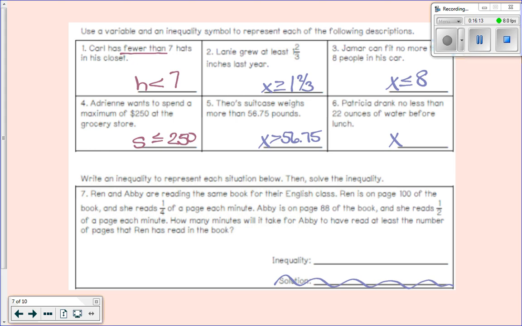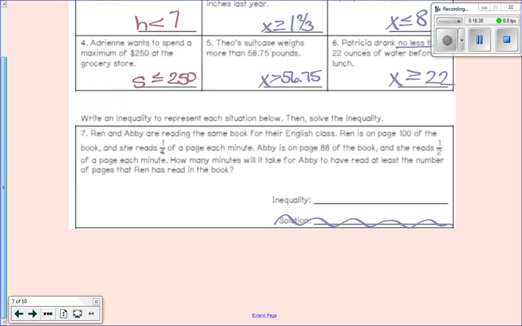Eddie. Greater than? No less than. Greater than or equal to. Could also be equal to, right? 22 ounces. We're good? Yeah.